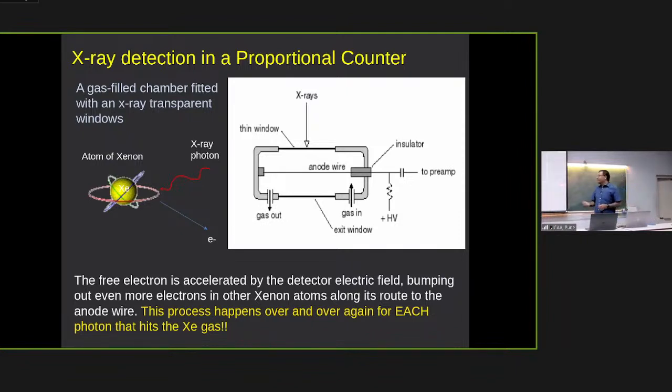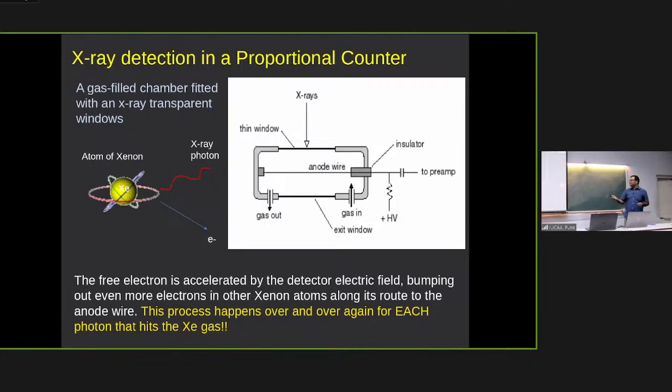Okay. So then what happens again? The X-rays interact with these xenon atoms here, knocking out electrons, and those electrons, wherever they are produced, are accelerated towards the anode wire because of the high electric field generated due to this high voltage. When they are accelerated, they are gaining energy. And they gain enough energy very quickly to knock out electrons from other xenon atoms.